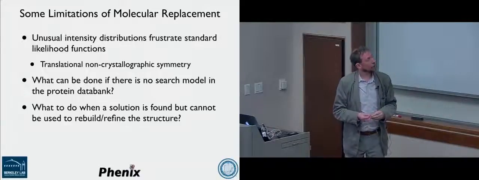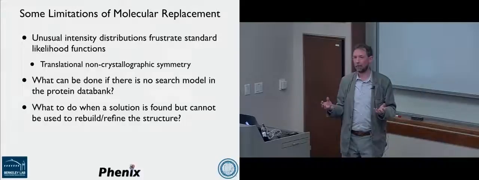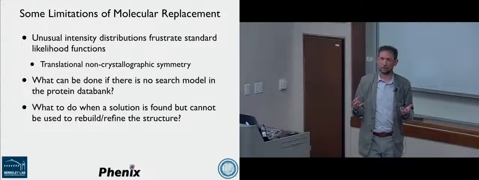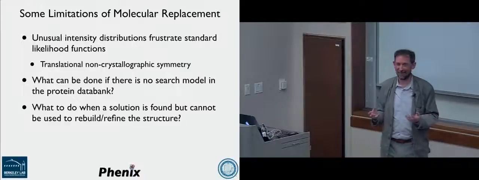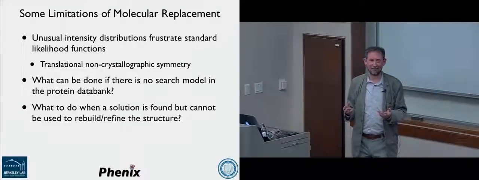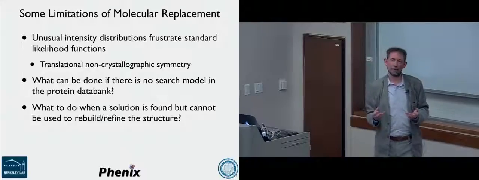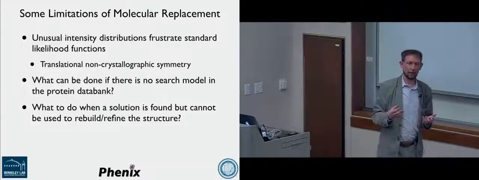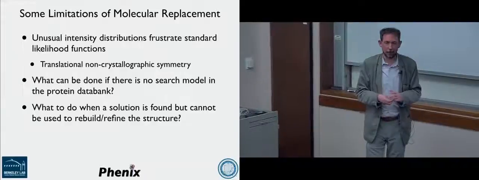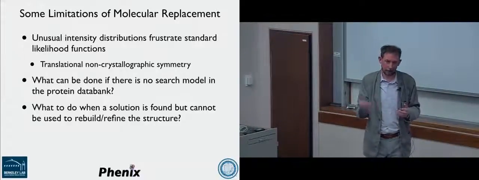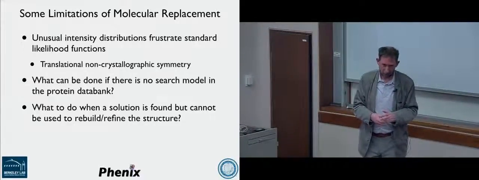Then another issue is, what if I want to do molecular replacement but there's no search model? What are my options? You can always search for some protein with some sequence identity, right? Well, not if it's 5% sequence identity. You can do the search, but the chances are you're searching for something that is not related. So you need the sequence identity to be above 20%?